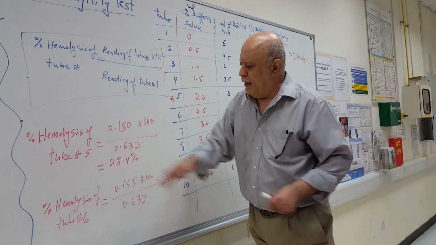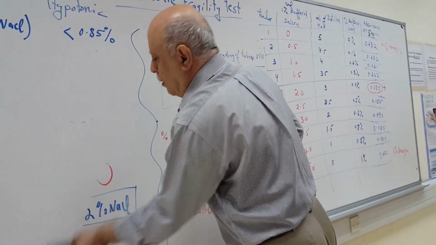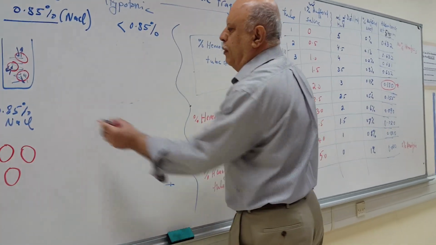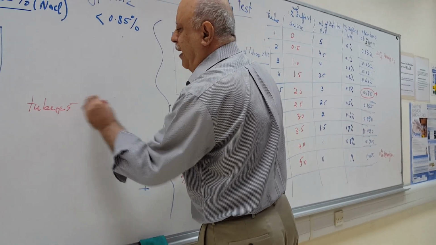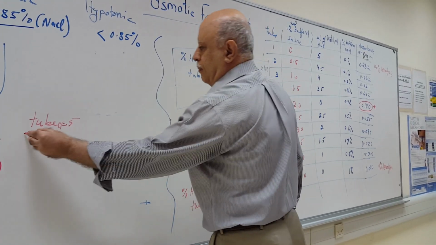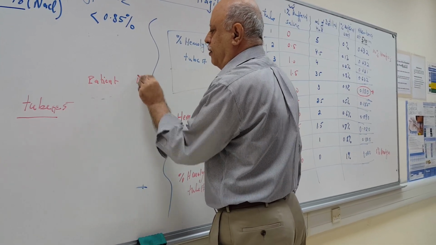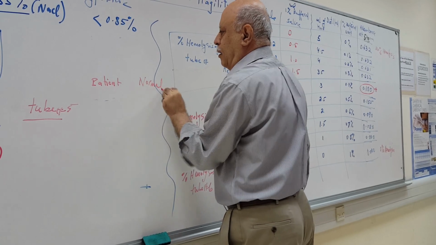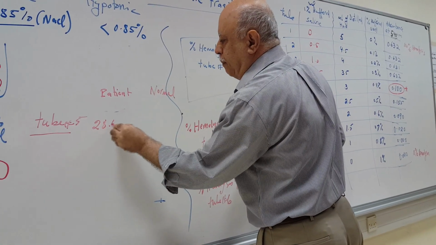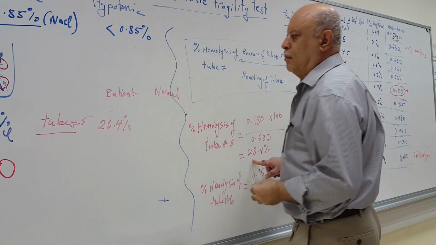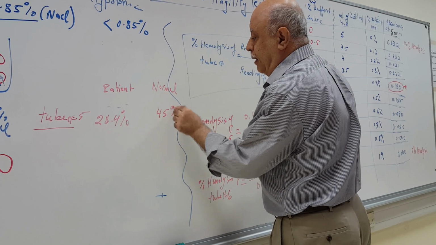Now, if, for example, tube number 5 for our patient versus normal. Our patient gave us 28.4% hemolysis. Normal gave us 45% hemolysis.